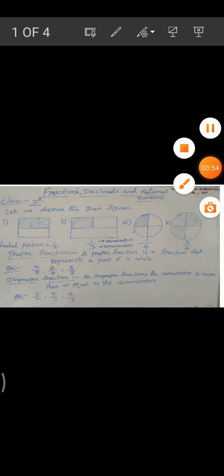Okay children? In our previous classes we learnt about proper fractions and improper fractions. Now let us see the proper fraction. A proper fraction is a fraction that represents a part of a whole. Fraction is nothing but a part of a whole. In a proper fraction, the numerator is less than the denominator.